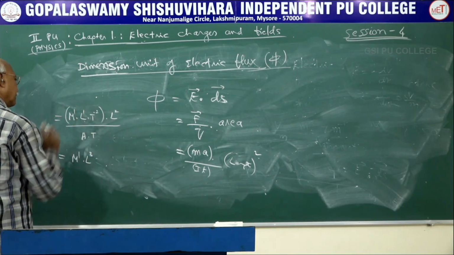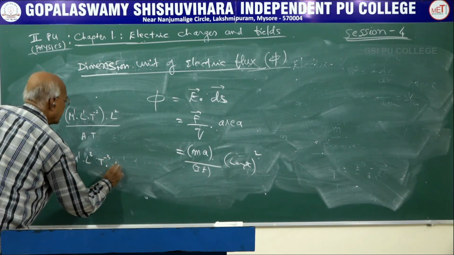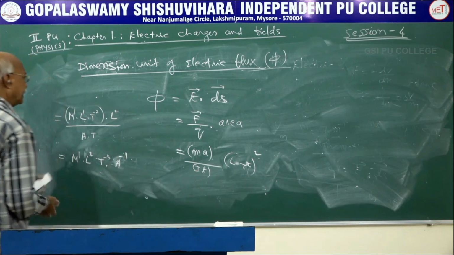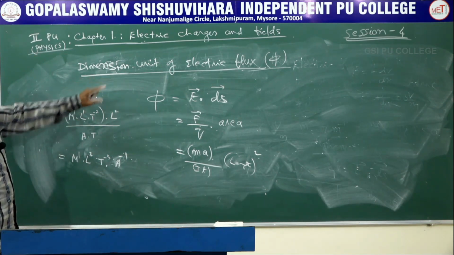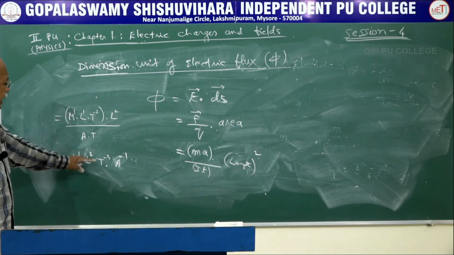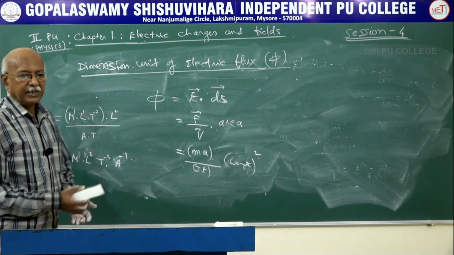T comes to the numerator, therefore T to the power of minus 3 and A to the power of minus 1. The dimension of electric flux is M to the power of 1, L to the power of 3, T to the power of minus 3 and A to the power of minus 1.